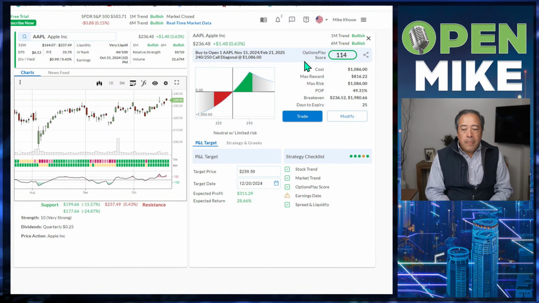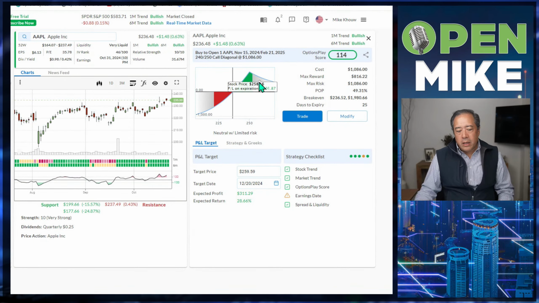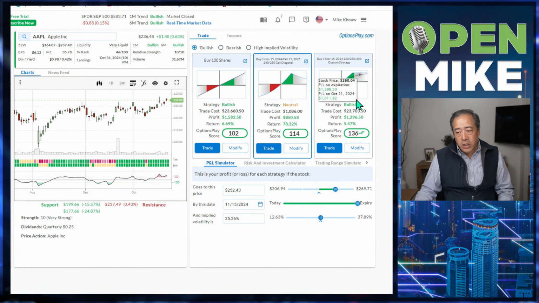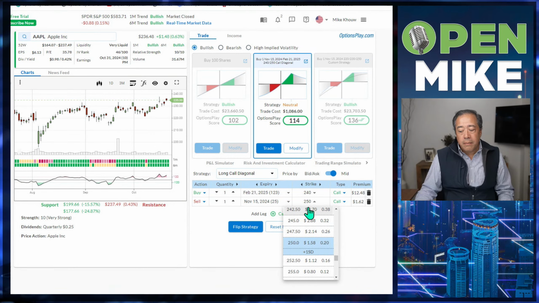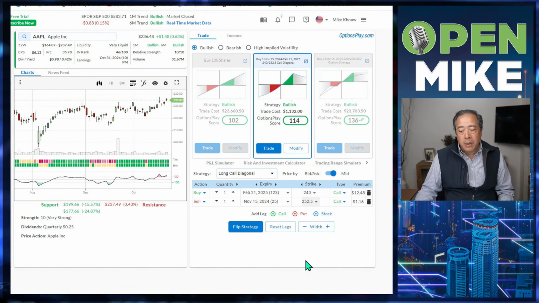By the way, you will observe as you look at this that you're getting some upside and then it's capped, which is not totally dissimilar to this. You can actually achieve a P&L that's closer to that by selecting a higher strike to the upside, maybe something like the 252.5s.